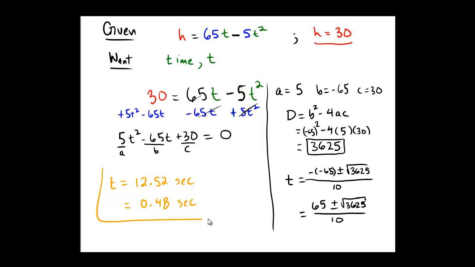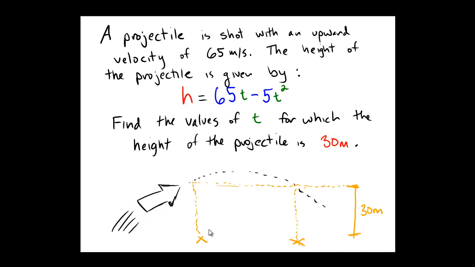So those are the two solutions to this particular word problem, and that means that the projectile at t equals 0.48 would reach 30 meters on its way up, and then on the way down at t equals 12.52 it would hit 30 meters again.